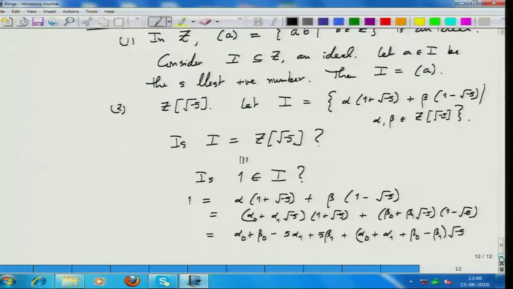No? First look at this. This must be equal to 1. How can this be equal to 1? This is a multiple of 5, alpha 1 plus beta 1 times 5. And this is alpha 0 plus beta 0. Beta 1 equal to this. Okay, then the real part becomes even. Okay, let's do that. That's a good point.